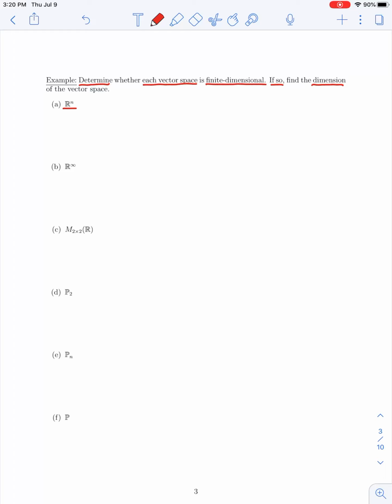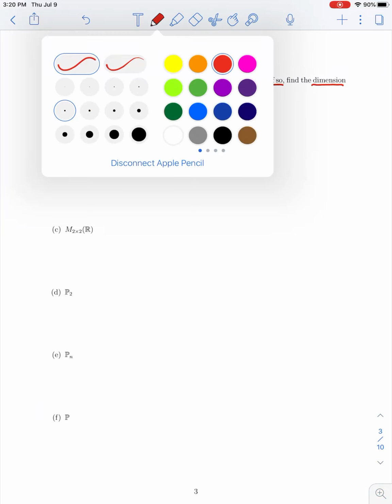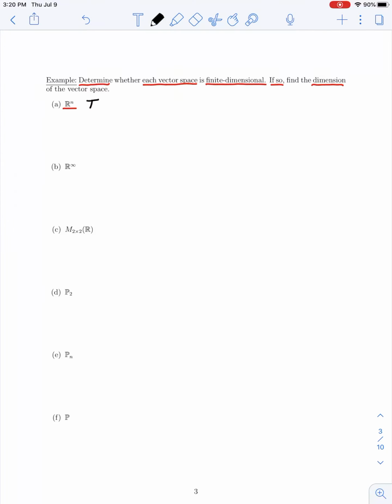So let's think about a basis for Rn. For Rn, the set of n-dimensional vectors, the standard basis is the set, let me give it a name, E, which would be the set of vectors E1 up through En, where E1 through En are the columns of the n-dimensional identity matrix.